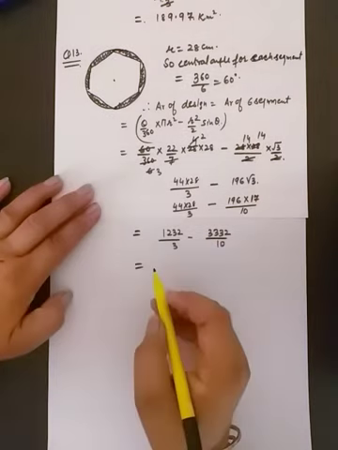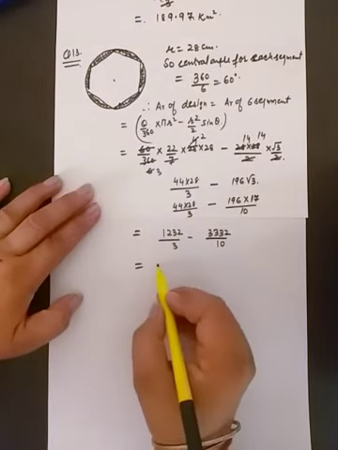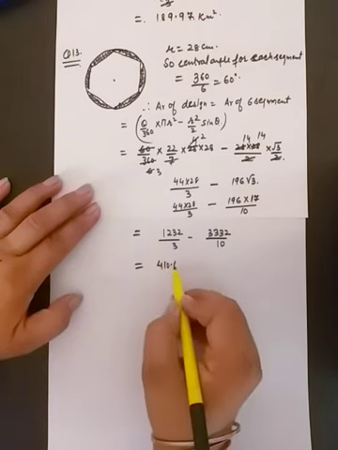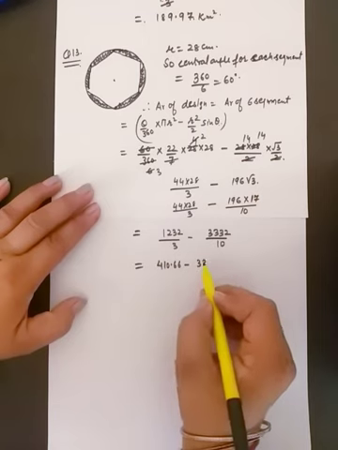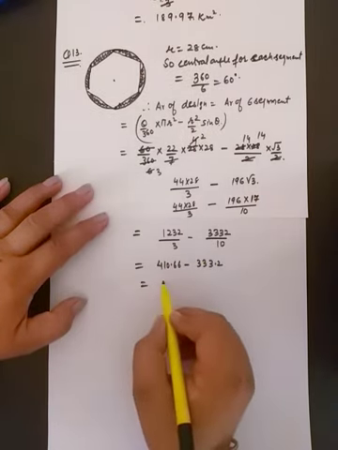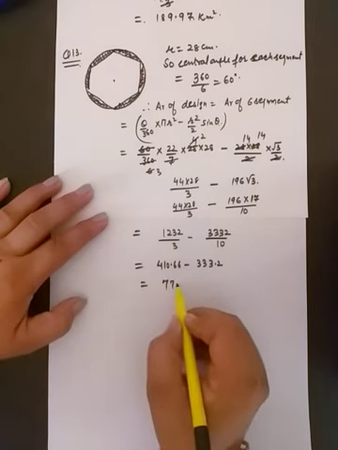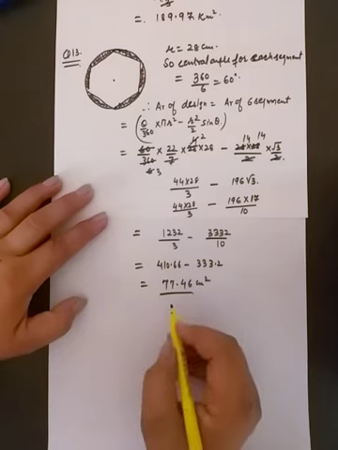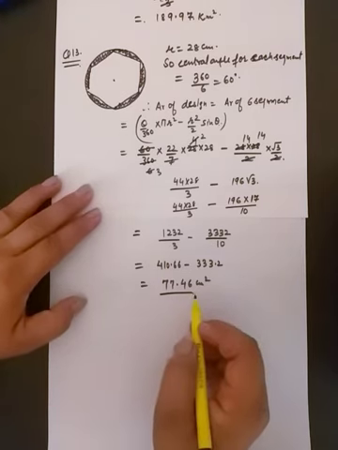Now it can be written as 410.66 minus 333.2. When we subtract these two values, we will get the area of the design. That will be 77.46 centimeter square.